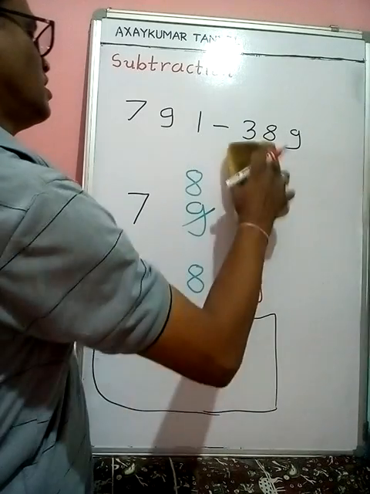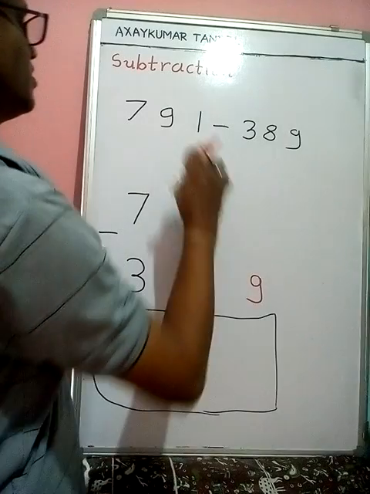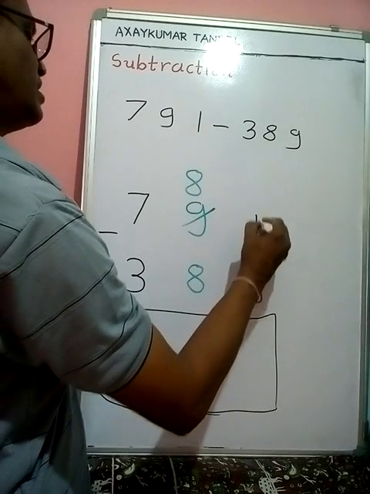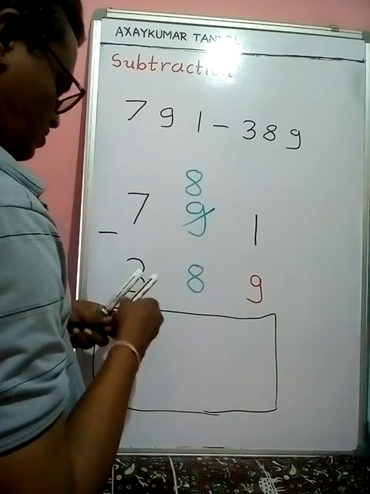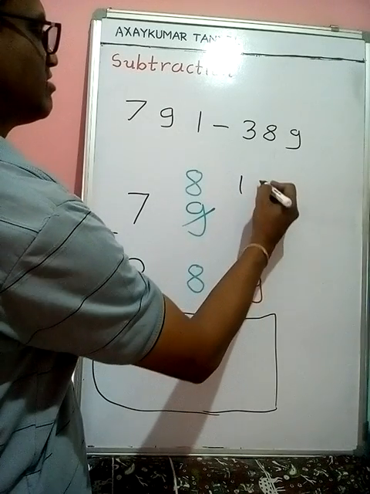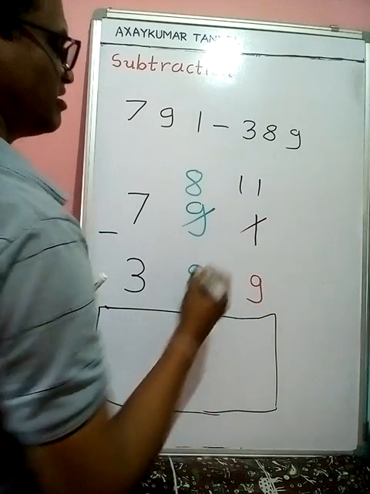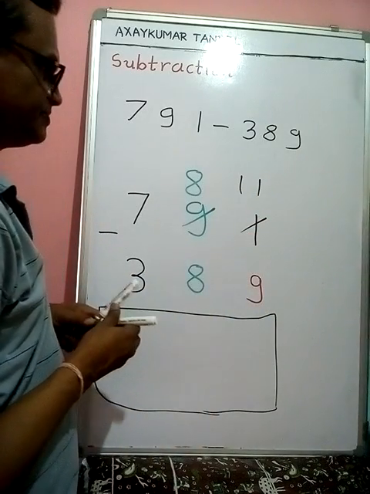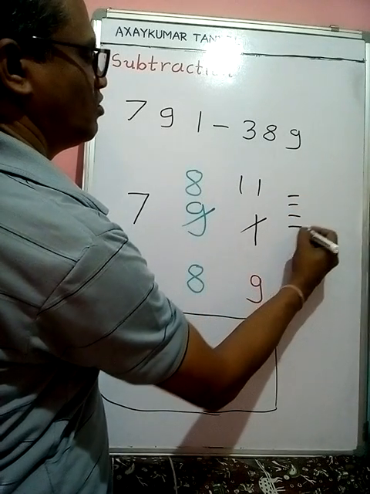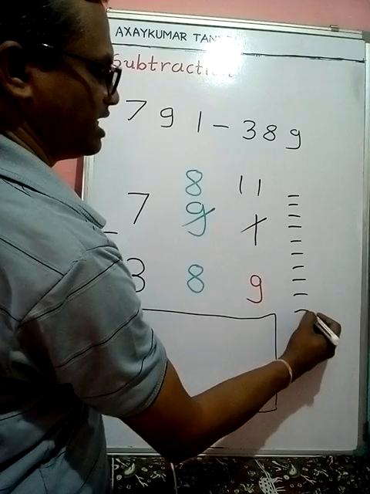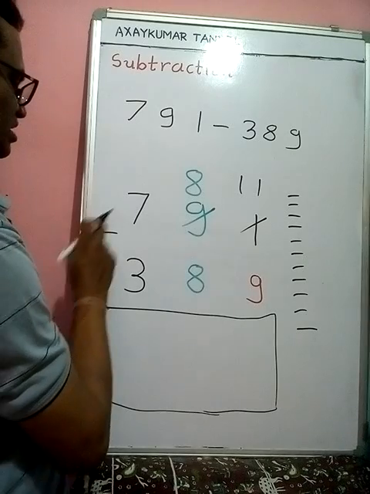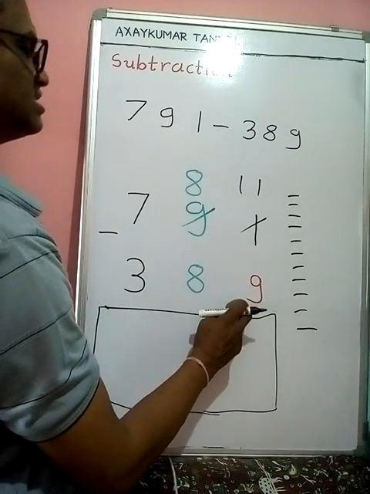Now we write our original number 1. Okay, you understand? Taking one ten, ones become 11. 10 plus 1 is equal to 11. Now we draw 11 lines. 1 2 3 4 5 6 7 8 9 10 11. Minus 9, cutting, we cut 9 lines.